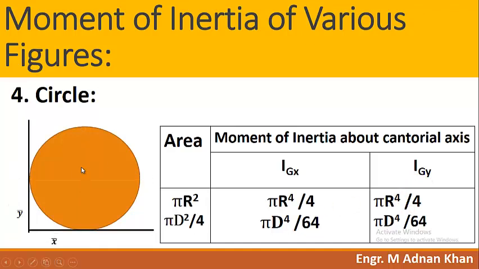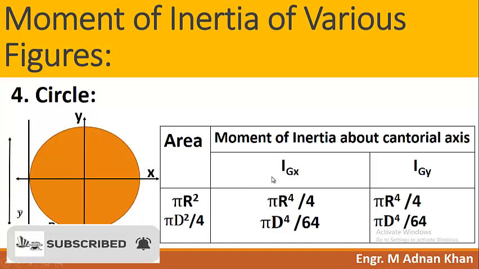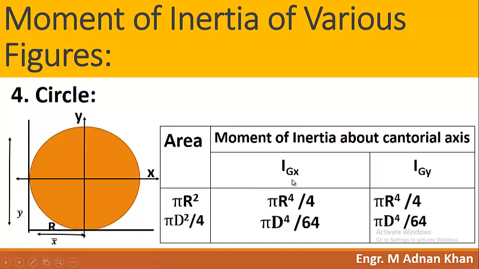Since the circle is symmetrical about both axes, the values of the moment of inertia about the x-axis and y-axis are the same, that is pi r power 4 divided by 4. In terms of diameter, it can also be written as pi d power 4 divided by 64.